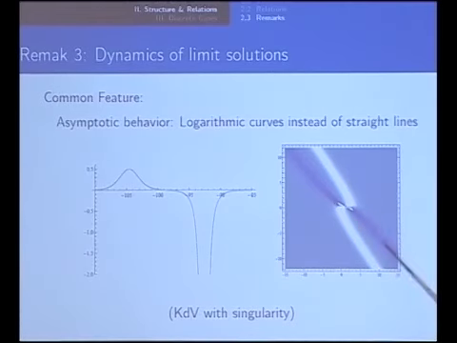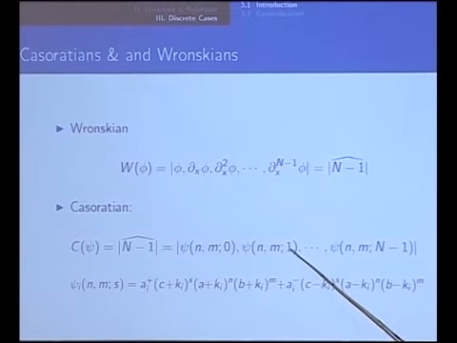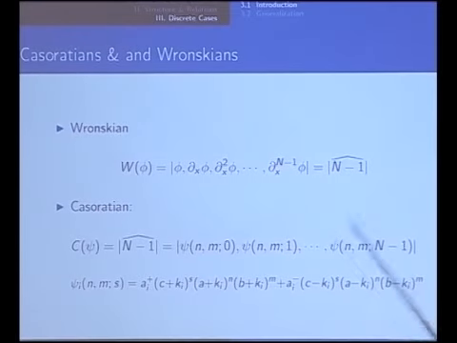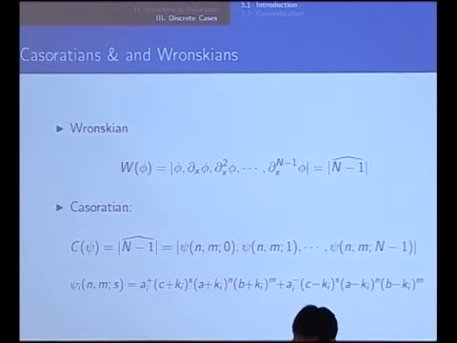In the continuous case, we have Wronski, and in the discrete case, we have Casoratian. In the Casoratian, the columns are arranged by some shift. And s is 0 and s1 is 1 here, and this is the second column.